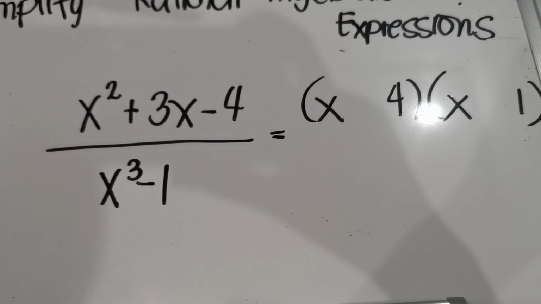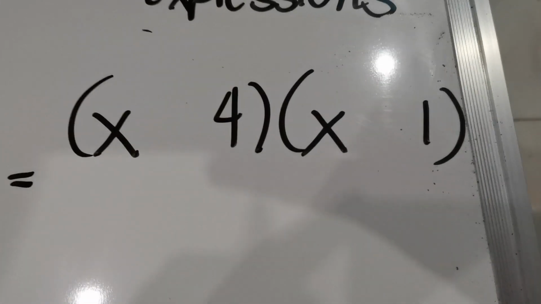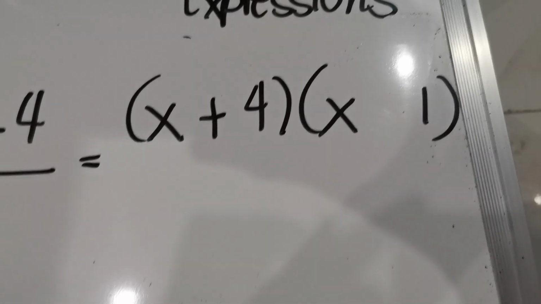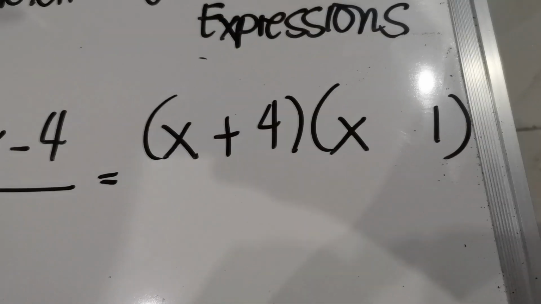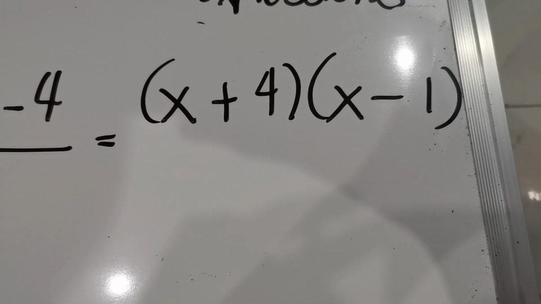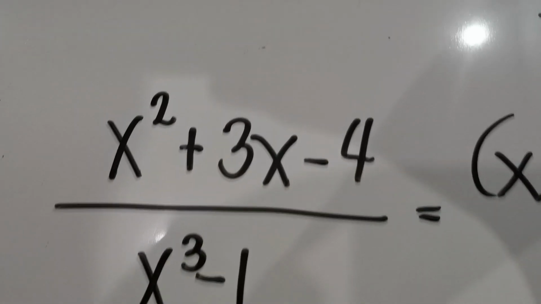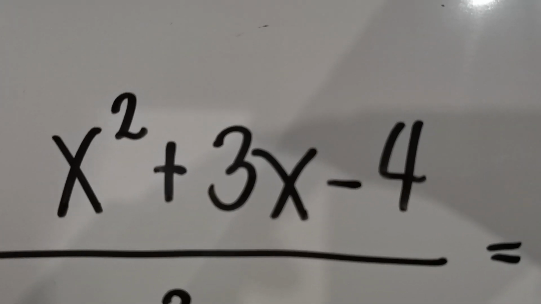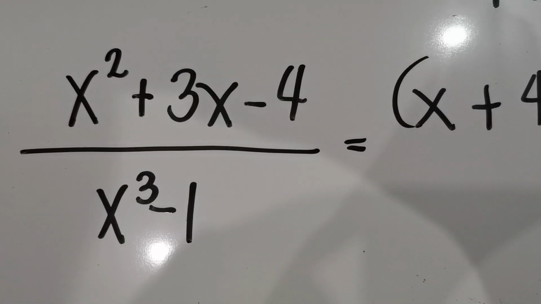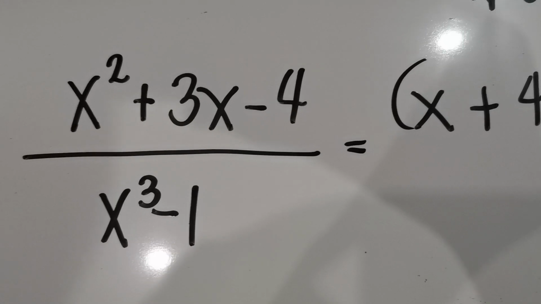Kailangan maging positive 3x yung middle term. So, which of the two ang dapat naka-positive? Correct. So, yung plus 4 and this one will be negative 1. So, if you are going to check that using FOIL method, we can arrive with the answer x squared plus 3x minus 4.